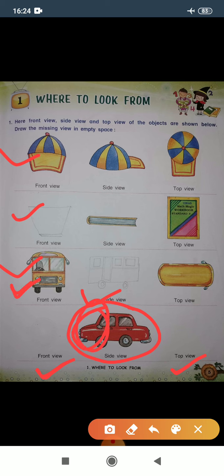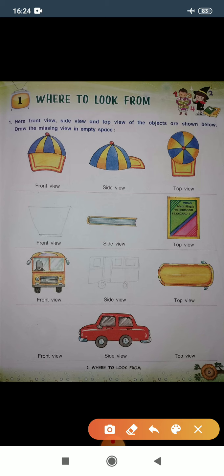You can observe in this bus how the front view is drawn, and same as that you need to draw a front view of the car, as well as a top view of the car. So simply you will see this type of shape of the car from upside. So with the help of top view we can draw the diagram.